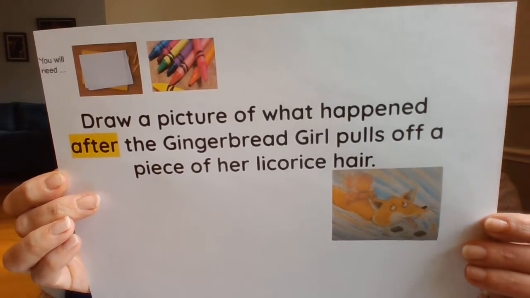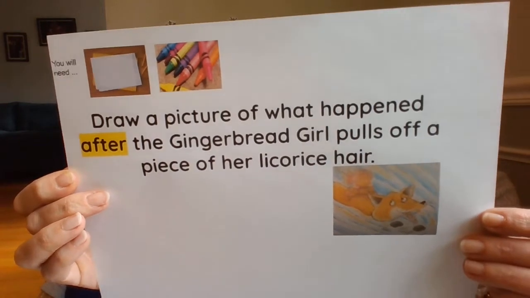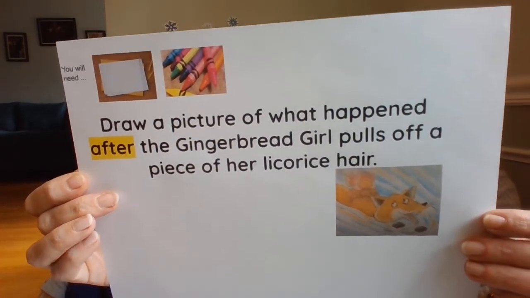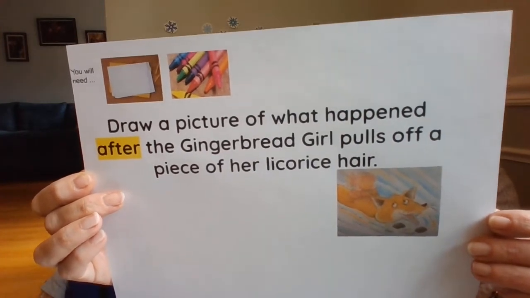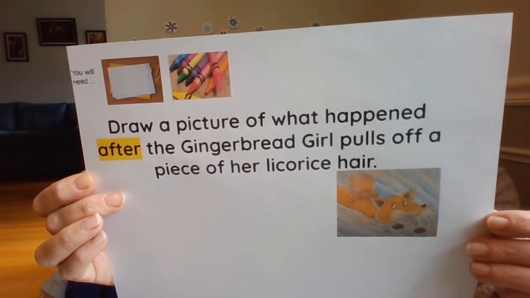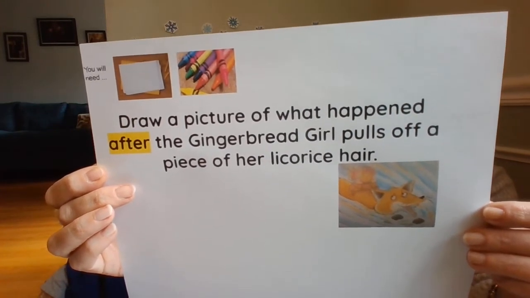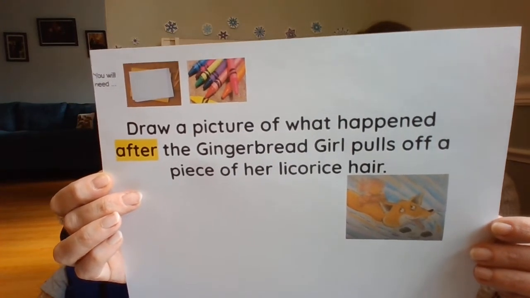So at this time, you need to be drawing a picture. You should have your pencil, paper, and crayons. Draw a picture to show what happened after the gingerbread girl pulls off a piece of her licorice hair.